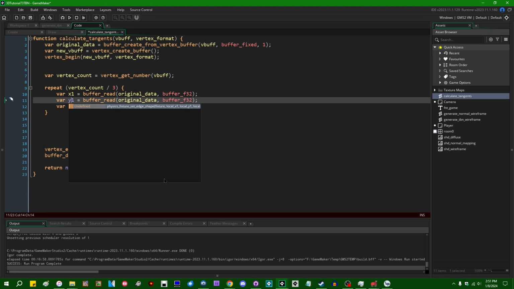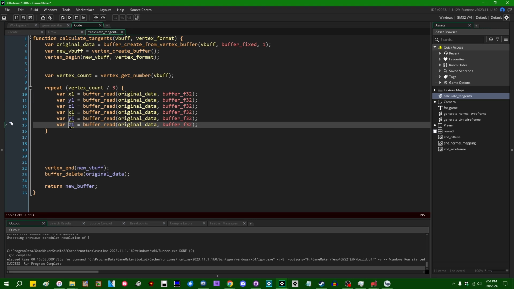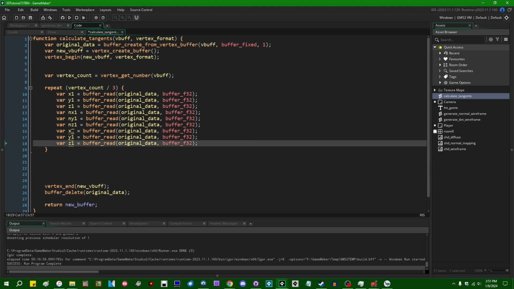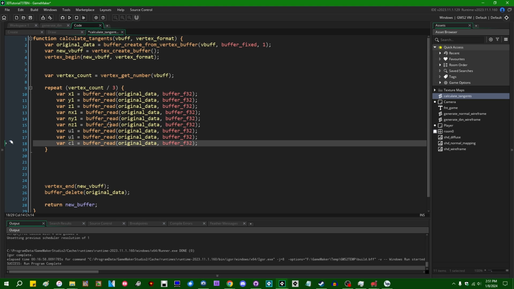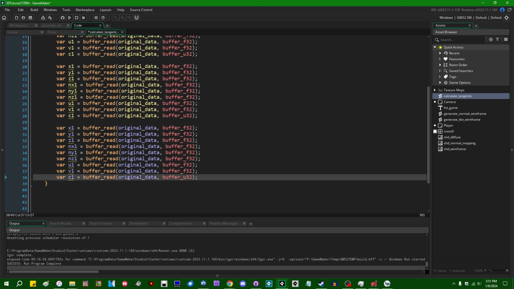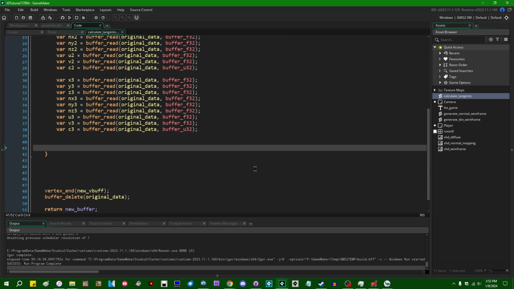We can do that for y and z. Normals are next, so maybe nx1, nx2, something like that. Texture coordinates can be u and v, and the color value can be a single u32 for color, which is going to contain red, green, blue, and alpha. And I'm going to have to do this 3 times. Okay? Like I said, this is kind of just busy work.